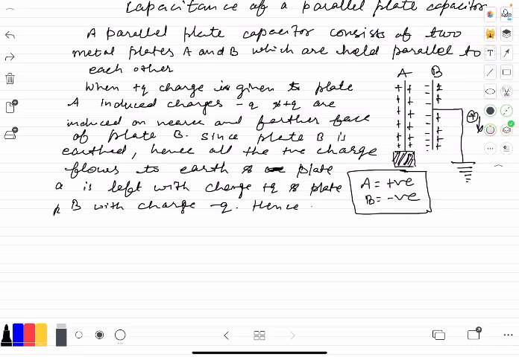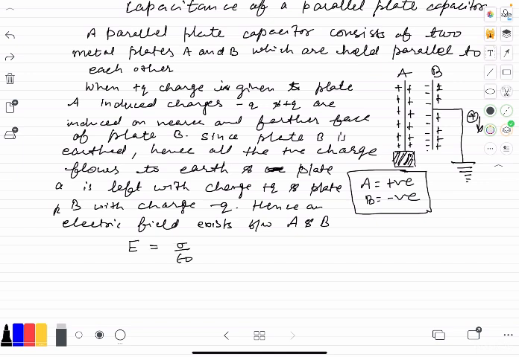Okay? So this electric field is given by E is equal to sigma upon epsilon naught.